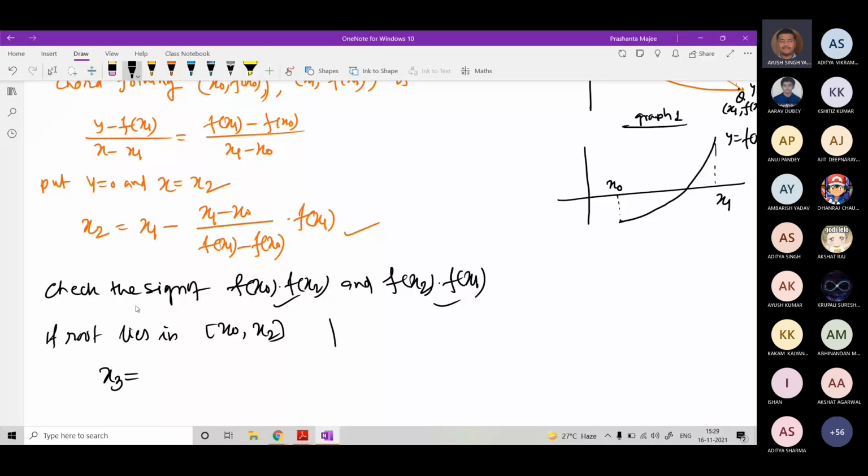And here I'll write down, if the root lies in x2 to x1, how will you calculate x3? Tell me both expressions. One of them will be true.